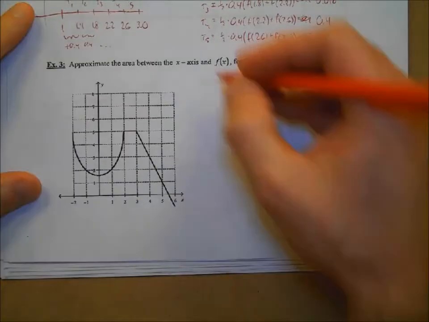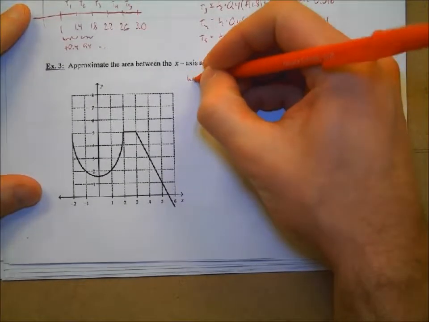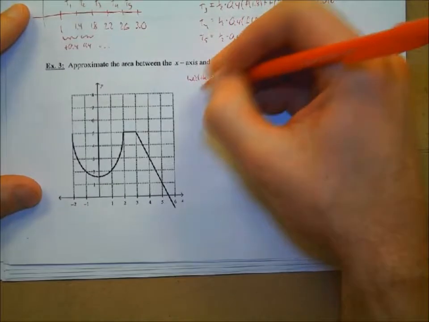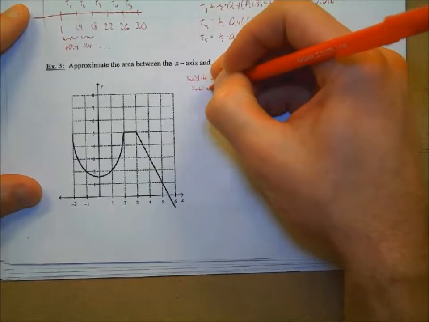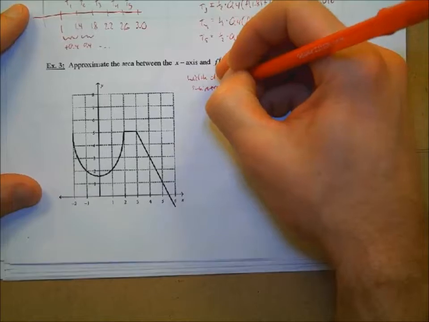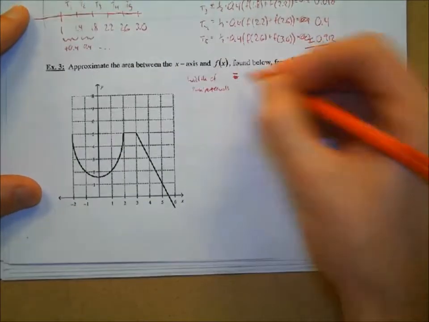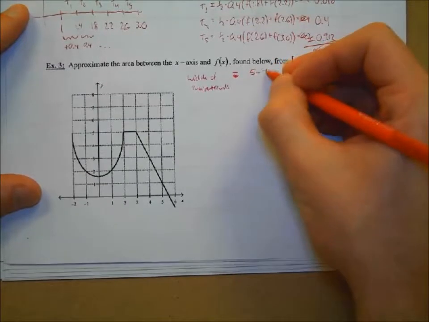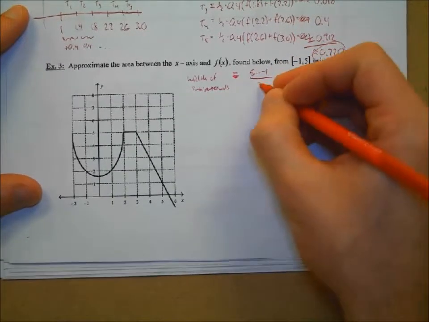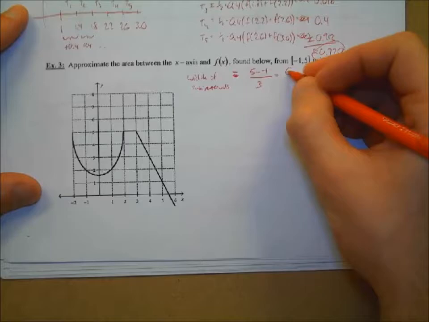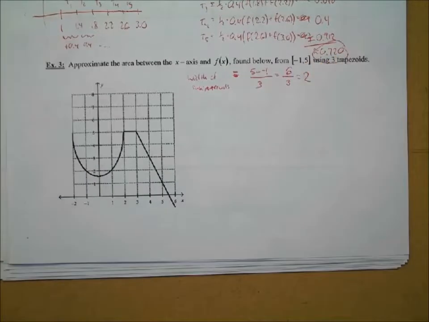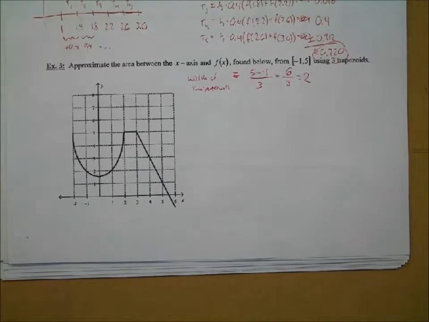So what is the width of our subintervals here? The width is 2, because the total distance we're trying to span is 5 minus -1, divided into 3 subintervals. So 5 minus -1 is 6, over 3, which is 2.